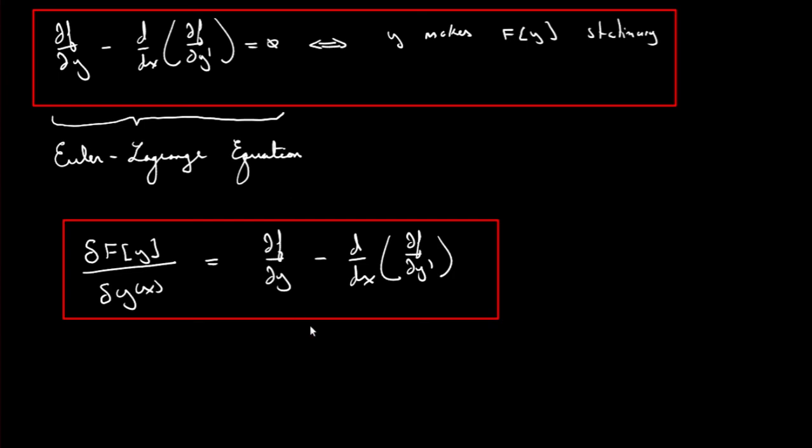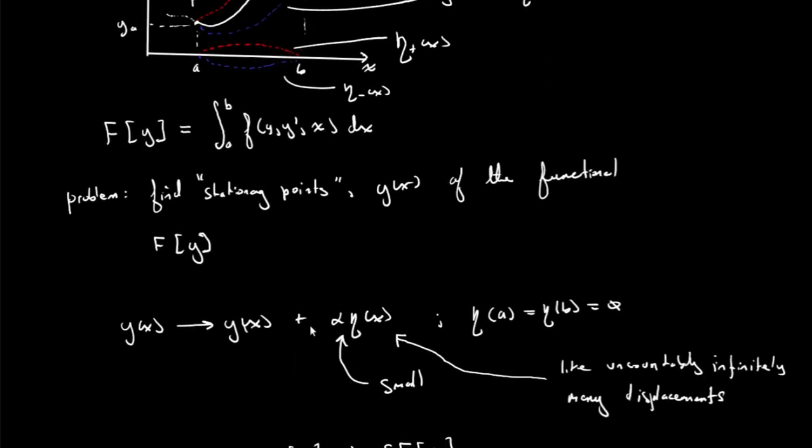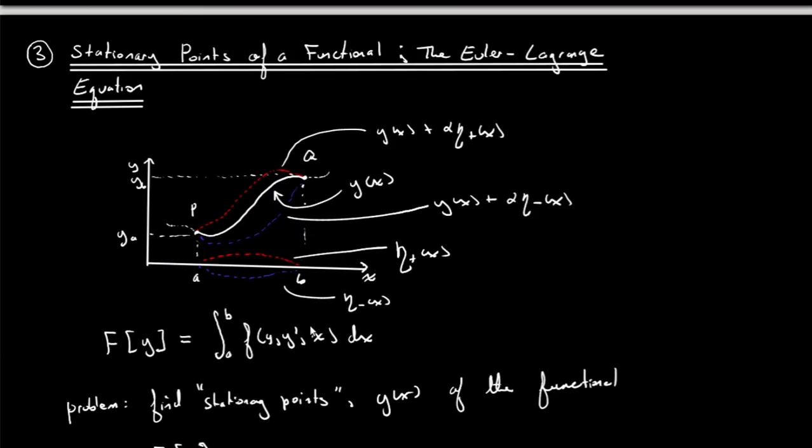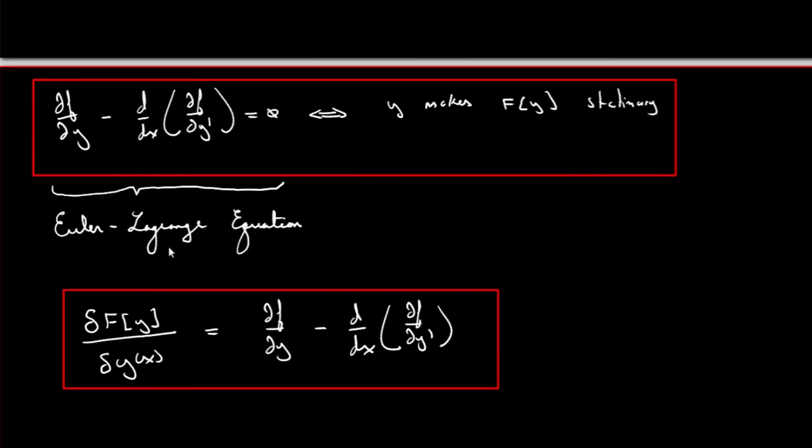Now we have the Euler-Lagrange equations, we can analyze any problem whatsoever where we want to make some functional stationary. So if we want to find what y of x makes some functional stationary, we just have to solve this differential equation. And next time we're going to go back to our example right from the beginning that we used to motivate the calculus of variations. We're going to bring this tool to bear on the problem of finding the function that minimizes the traversal distance between a point P and a point Q.